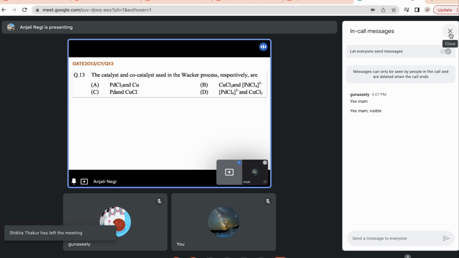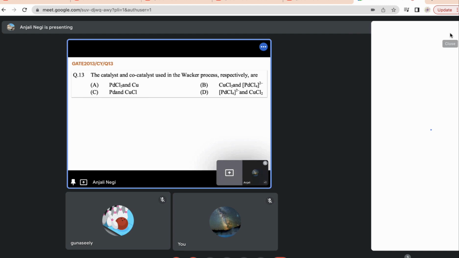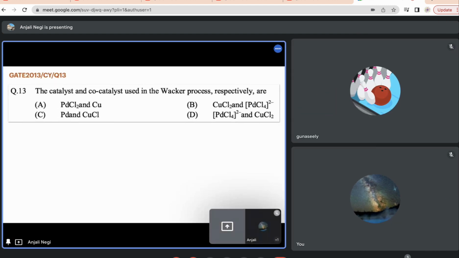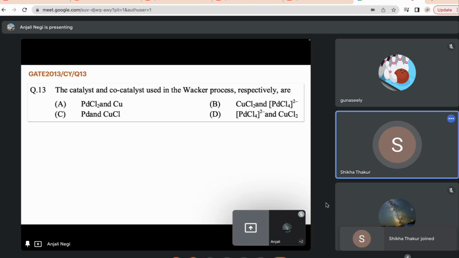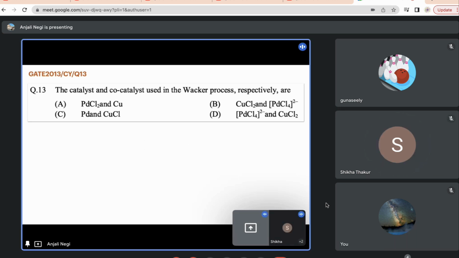Yeah, for Gunasli it is visible. Now visible, ma'am. Okay, so whenever my audio is not clear or the screen is not visible to you, both can answer and stop me in between.